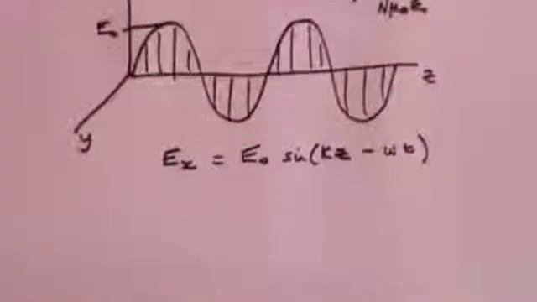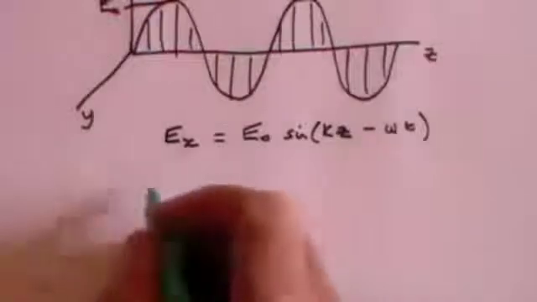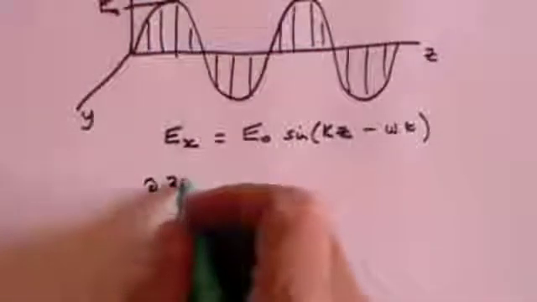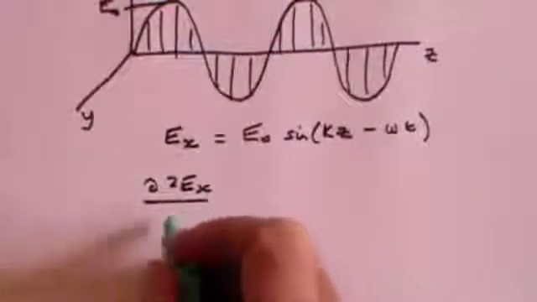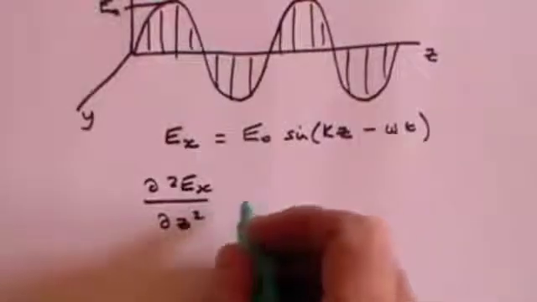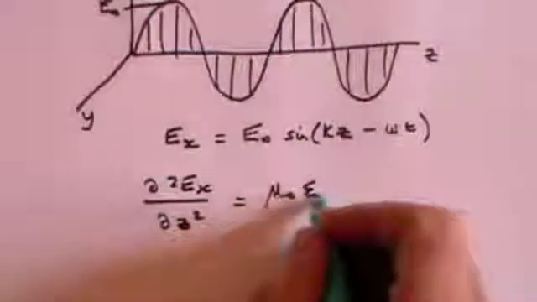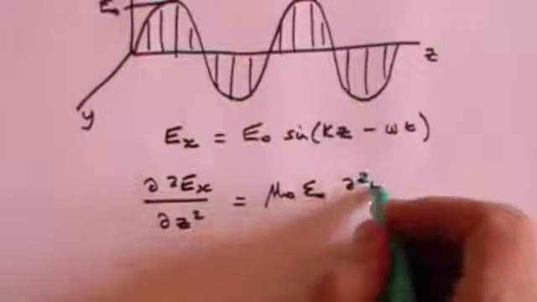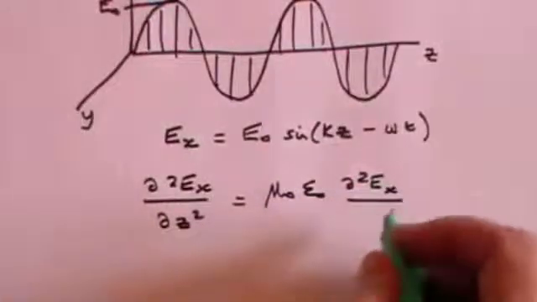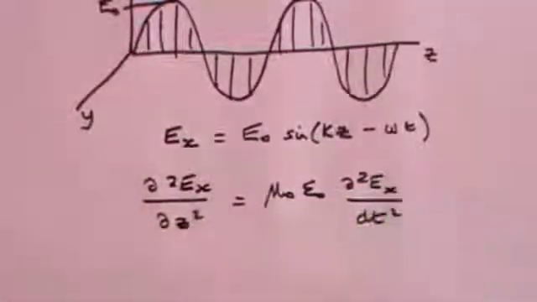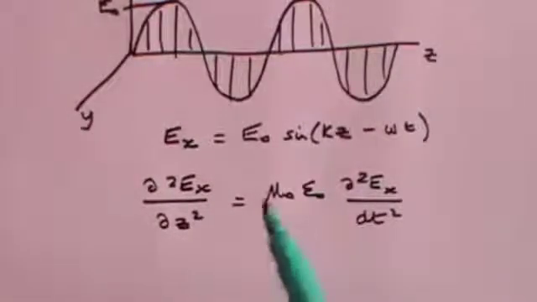Now we already know, because we've shown, that d2Ex by dz squared is equal to mu naught epsilon naught d2Ex by dt squared. That is just the wave equation. We know that's the case, we derived that earlier.